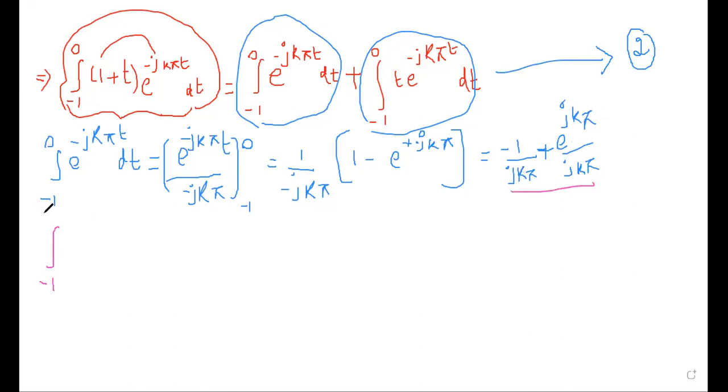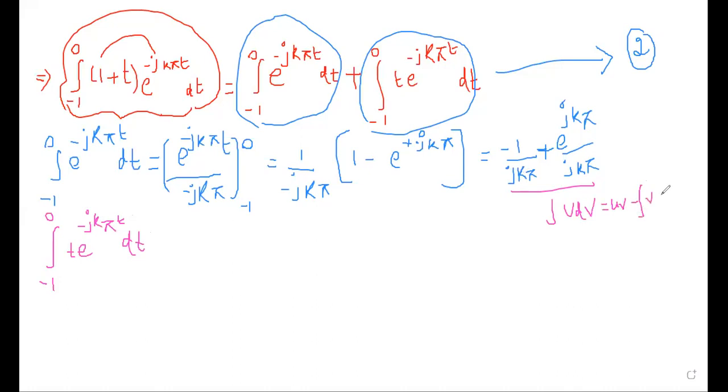For the second term, the integral from minus 1 to 0 of t into e power minus jk pi t. In integration, you have a formula: integral u dv is equal to uv minus integral v du.